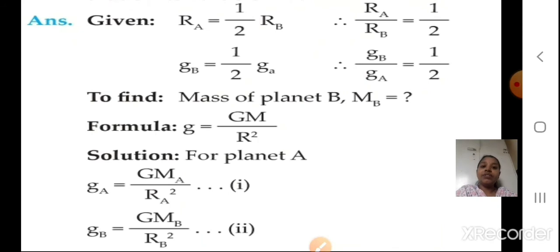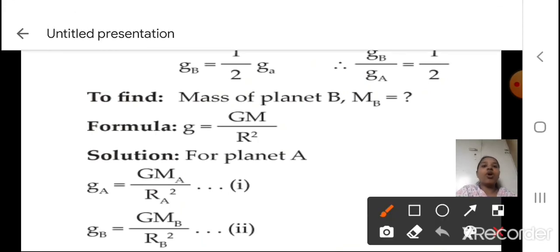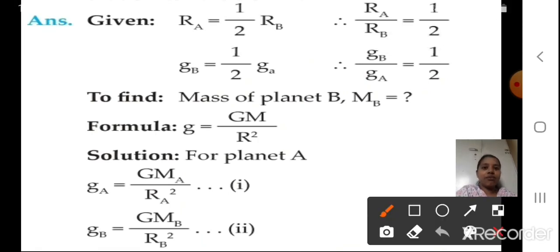Now in the given part, you have RA, that is radius of A is half of radius of B. So I have written this step. If this RB is in multiplication, when I take it down, it will go in division. So it will become RA upon RB is equal to half.